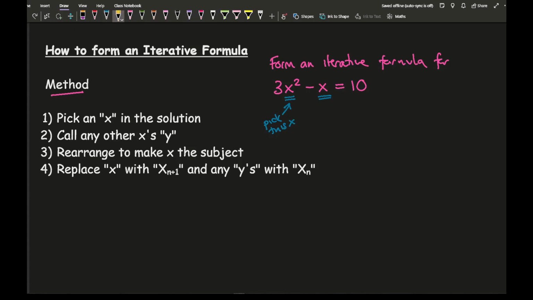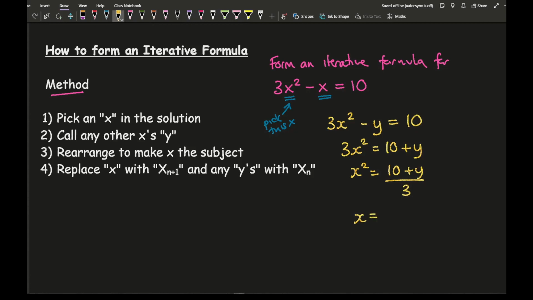So then the next one is I'm going to leave that as x, but I'm going to call the other x y. And then what I then want to do is make x the subject. So here I've got 3x squared equals 10 plus y, and then x squared equals 10 plus y divided by 3. So then x equals the square root of 10 plus y over 3.